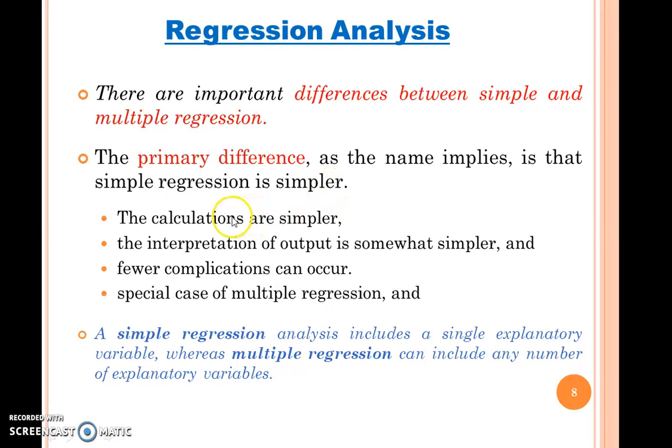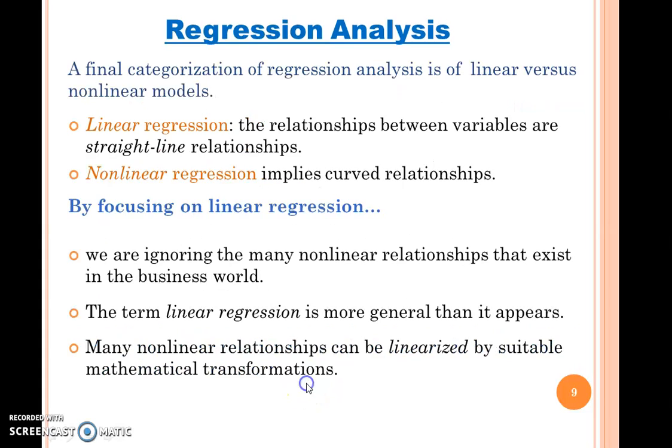The calculations are simple, the interpretation of output is somewhat simpler, and fewer complications can occur. Simple regression analysis includes a single explanatory variable, whereas multiple regression can include any number of explanatory variables.